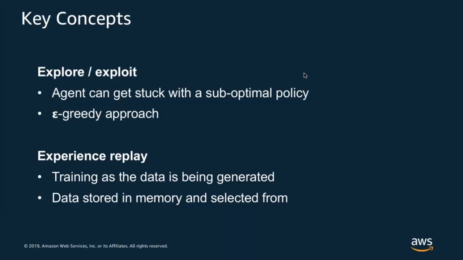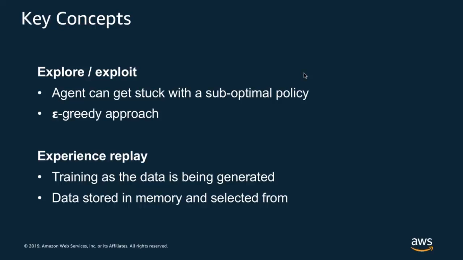So again, I'll not go into a lot of detail of this algorithm, but a couple of key concepts that I should mention in passing, which are important here. If we continue to take the actions that the policy is suggesting, there is a chance that we get stuck in local optima. So many a times the strategy that we follow is of explore exploit, where a certain percentage of the times we take random actions.